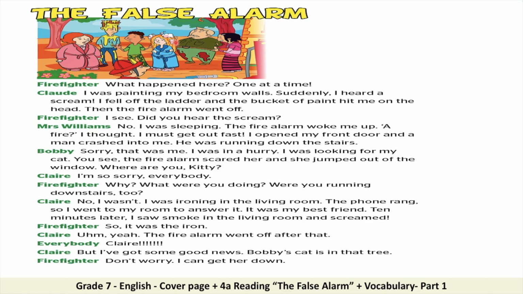What happened here? One at a time? I was painting my bedroom walls. Suddenly, I heard a scream. I fell off the ladder and a bucket of paint hit me on the head. Then the fire alarm went off. I see. Did you hear the scream? No, I was sleeping. The fire alarm woke me up. A fire, I thought.